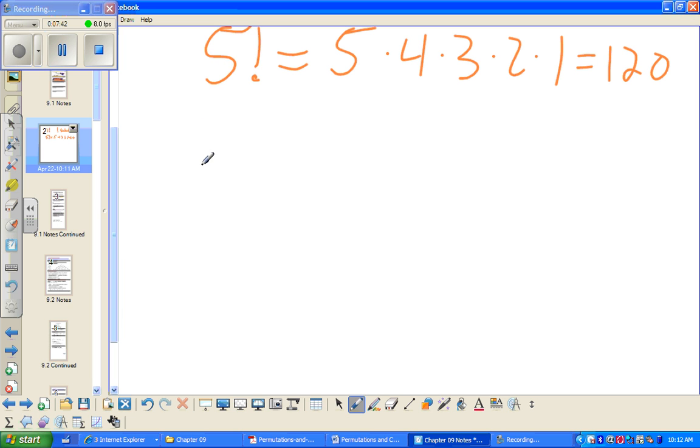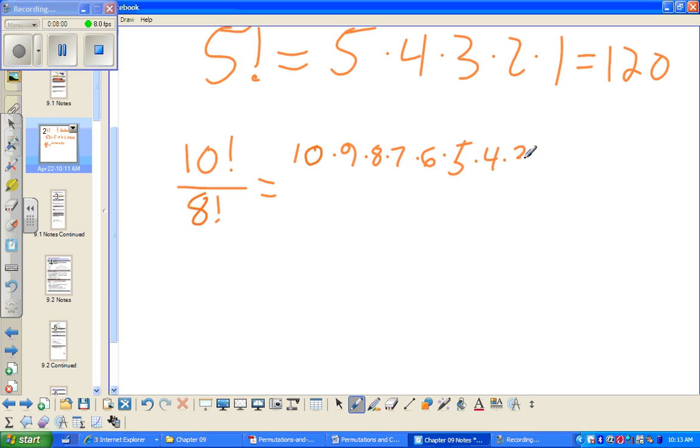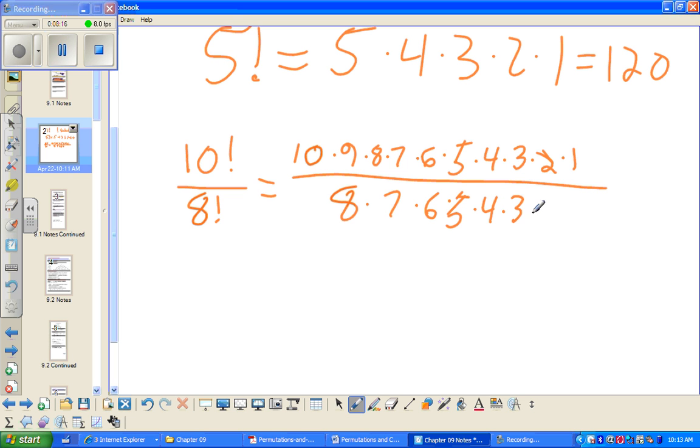What you can do, if you had something like 10 factorial divided by 8 factorial, we'll realize 10 factorial is the same as 10 times 9 times 8 times 7 times 6 times 5 times 4 times 3 times 2 times 1, all over 8 times 7 times 6 times 5 times 4 times 3 times 2 times 1.